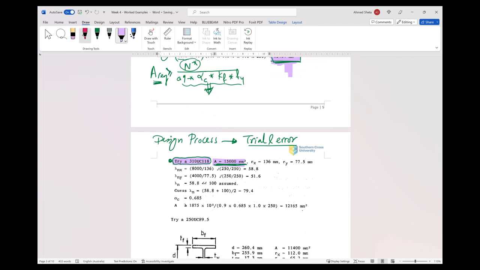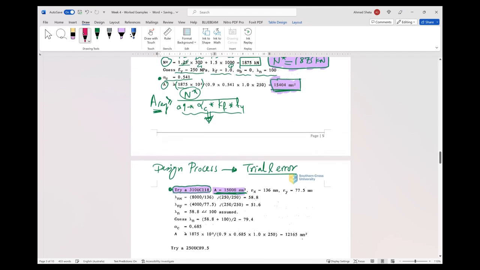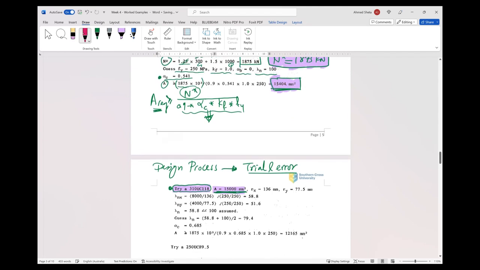So we go to the table here. We go to the UC table, or the universal column tables, using the required area here. Go to the tables of universal columns to select the cross section.